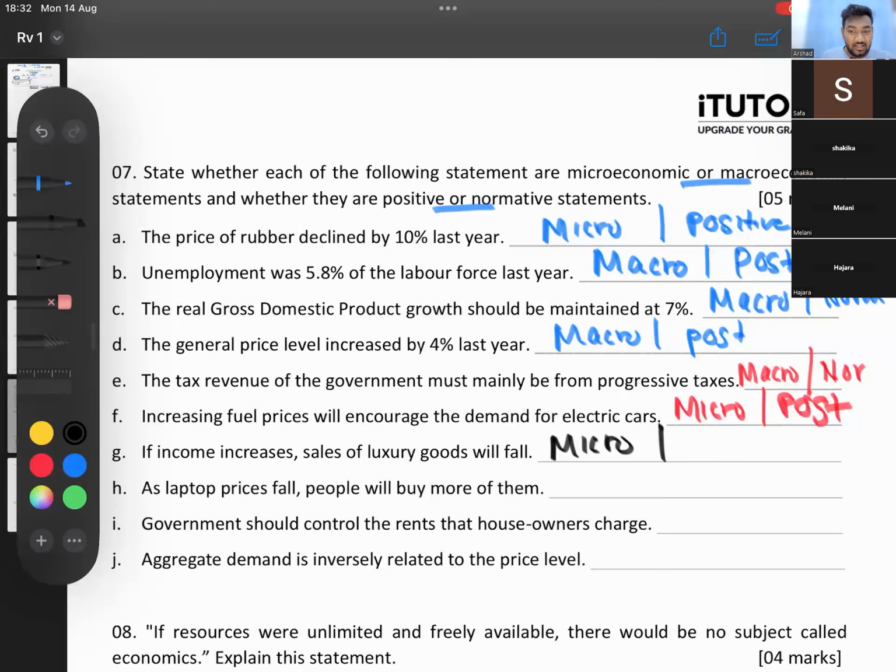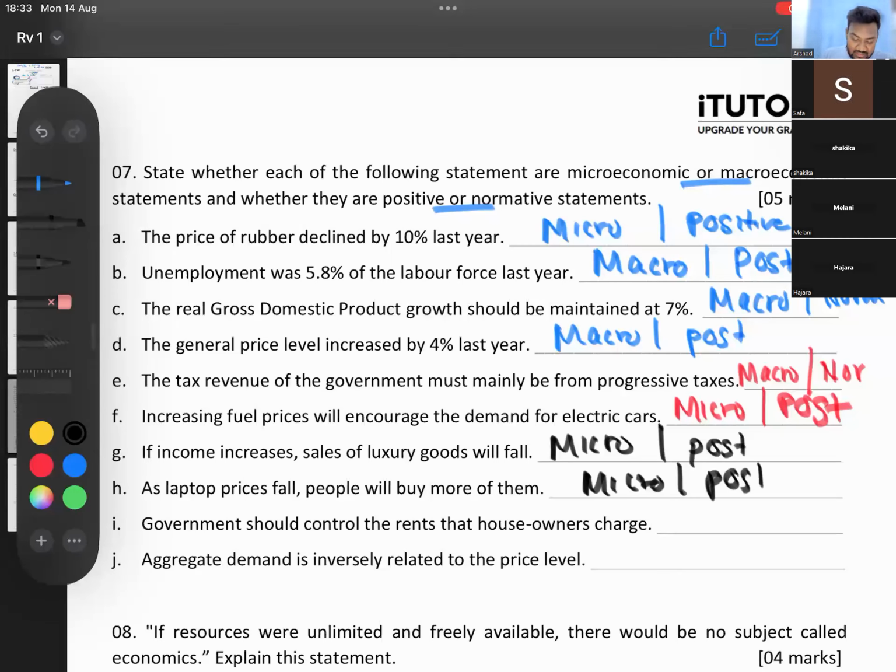You can call it positive. Right. Then next one: as laptop prices fall, people will buy more of them. Micro, macro? Definitely micro. Positive or normative? Positive, right? You can test and see whether people buy more or less. We can test and prove it.